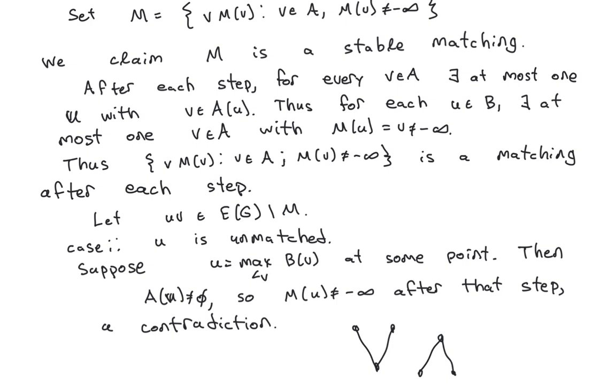Then based on how our algorithm works, job V would have sent U an offer. So at that point, A of U would be non-empty. And because of how our algorithm works, since there would have been a point where U had at least one job offer, U would have accepted the best job that they are offered. And so in particular, M of U can't be negative infinity after that step, which is a contradiction to the claim that U is unmatched.